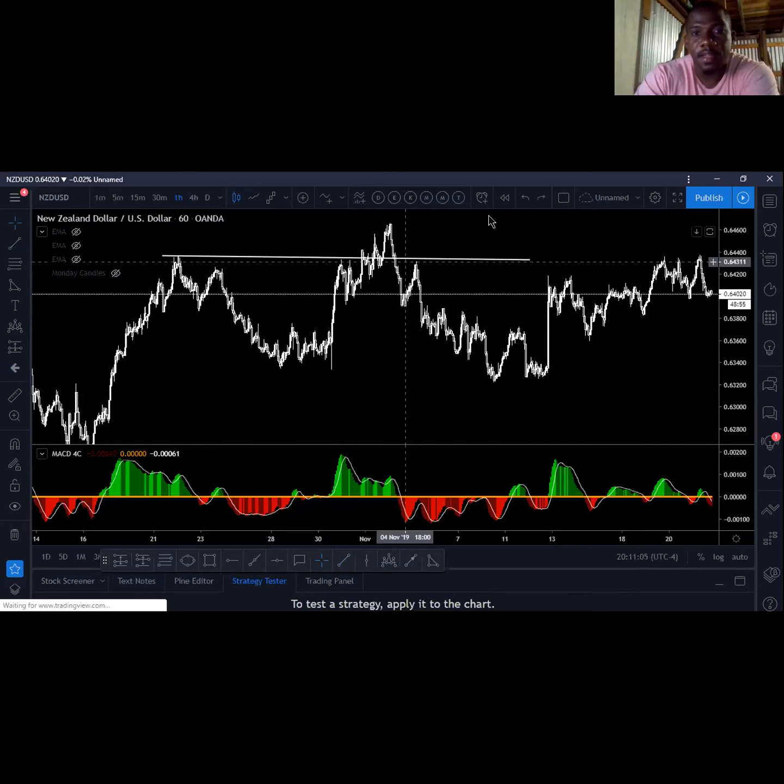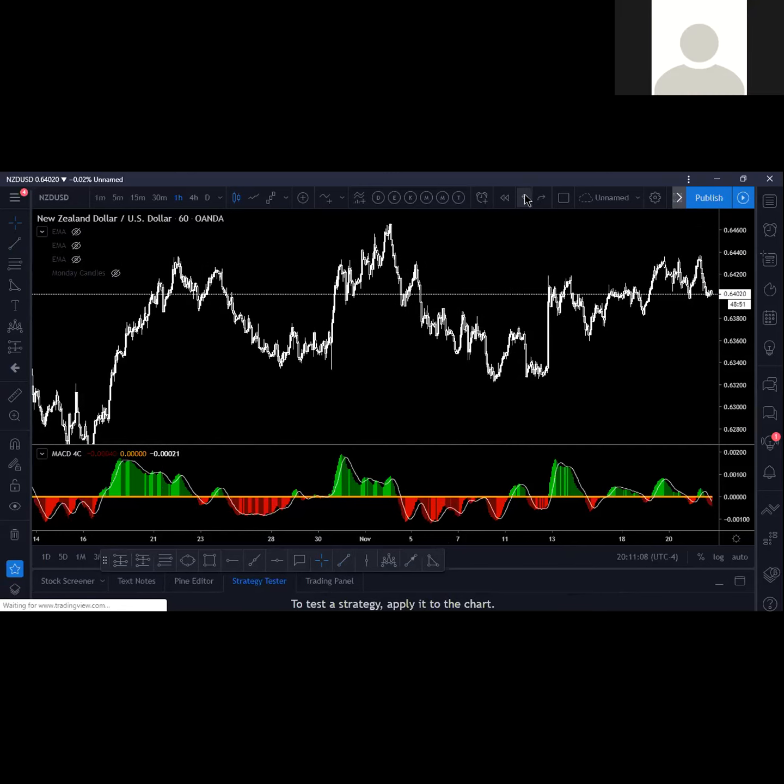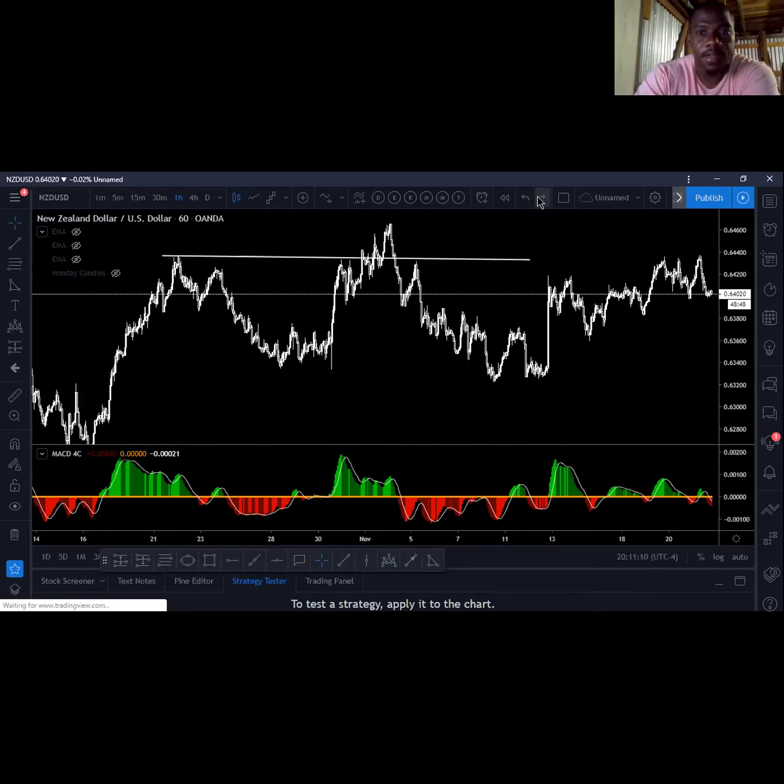It will undo what you did, right? This button here, and then you can go back forward. Same thing like on Microsoft Word, you got the undo and forward buttons.